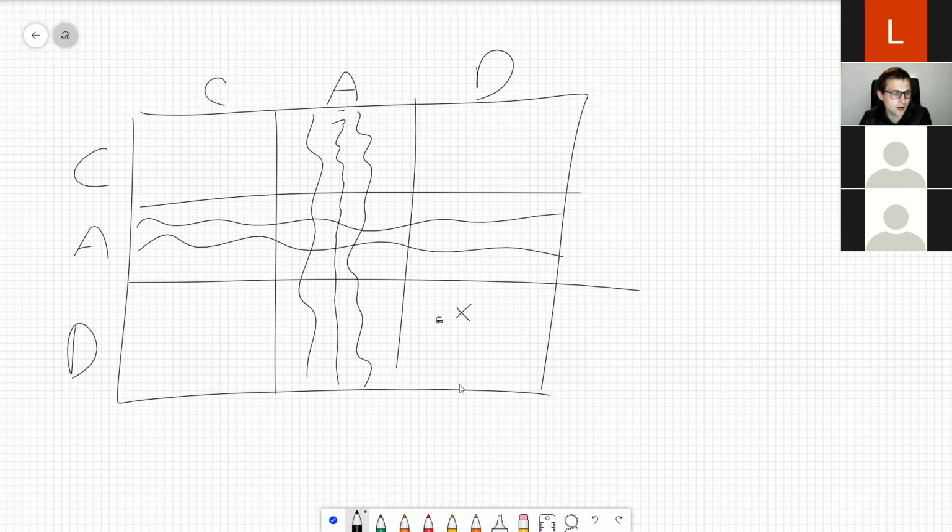What happens if I change the value at this entry to some other? I can do something bad and drop the rank of the matrix. So this is the first bad case, the decrease. All right, so it can happen that assigning another value will decrease rank. And again, it's the same argument as before. There's only one such value.